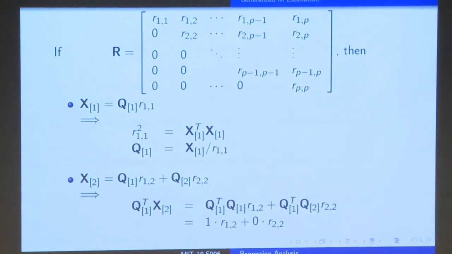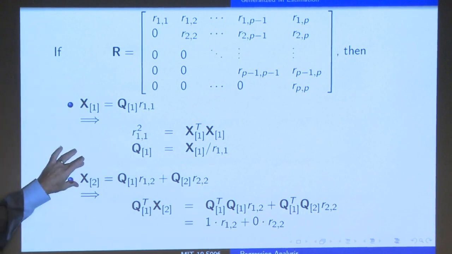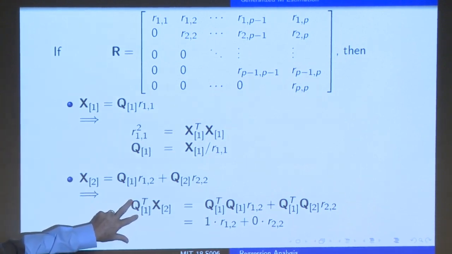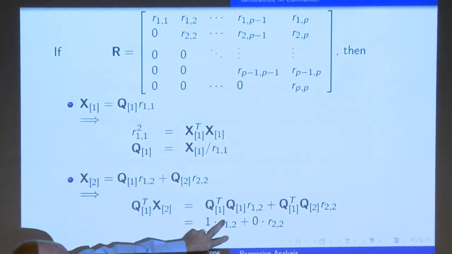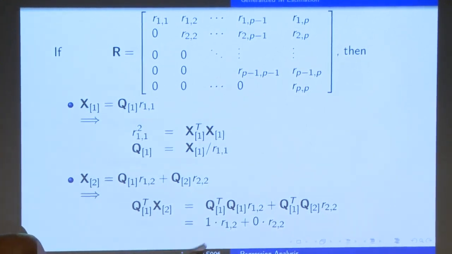If we multiply this expression by Q1 transpose, then we get this expression for R12.